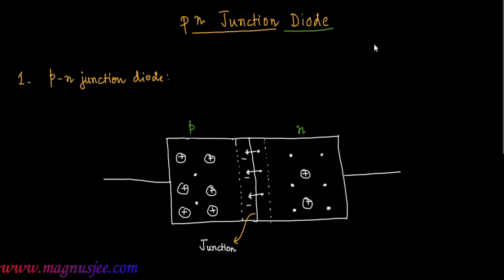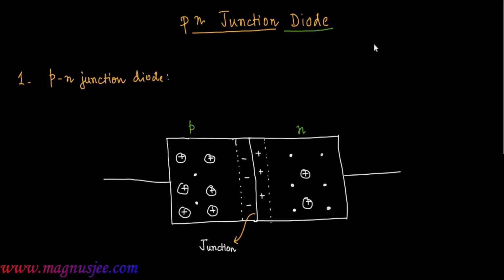As a result of diffusion of these majority charge carriers, immobile positive ions are formed in this region. So in this way we get the PN junction diode.